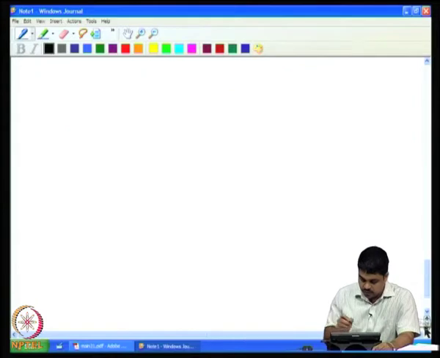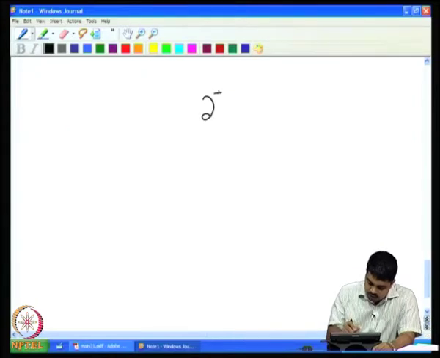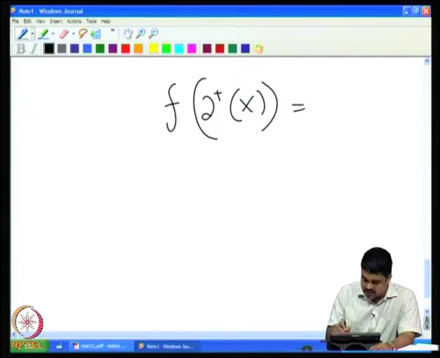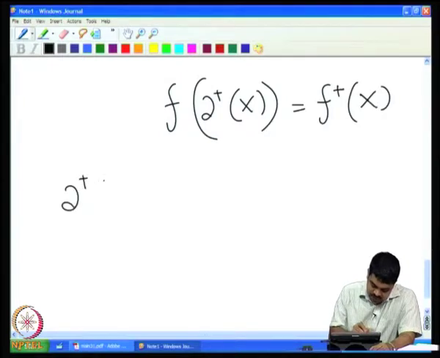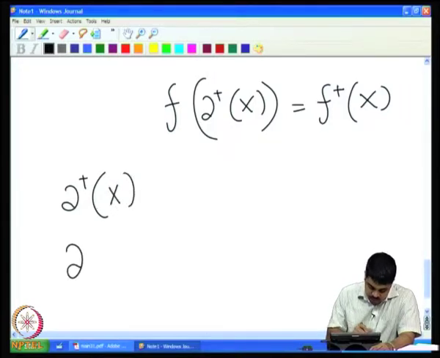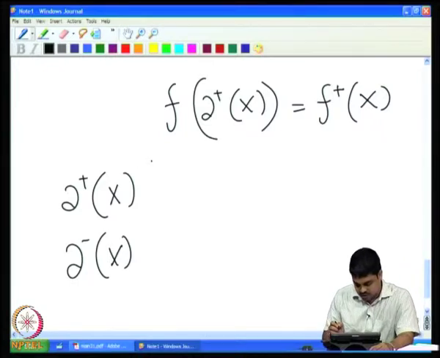In fact, the notation is dou plus of x, but as a short notation for the flow on dou plus of x we will use f plus of x. Usually dou plus means the set of outgoing edges of x, and dou minus of x means the set of incoming edges of x.